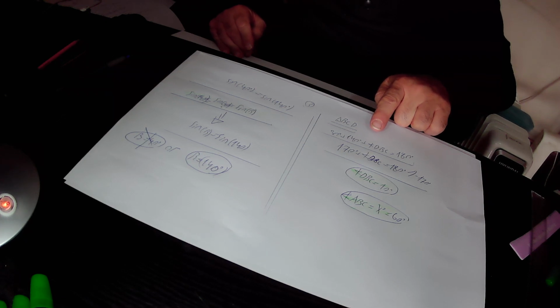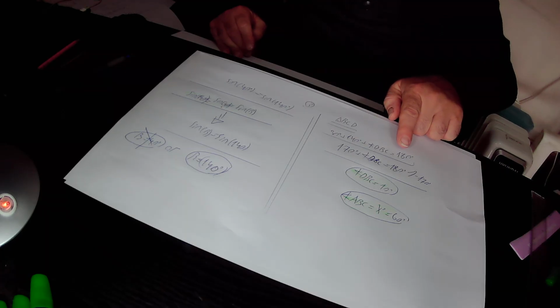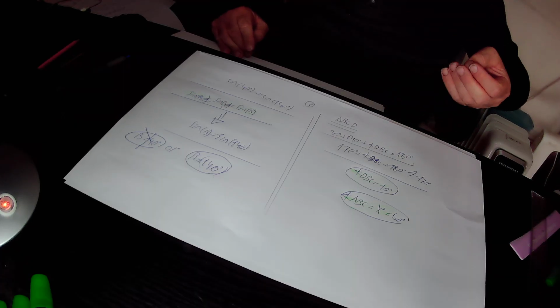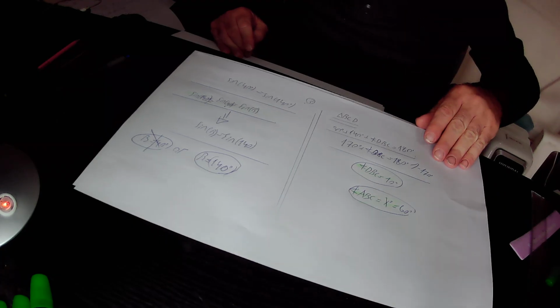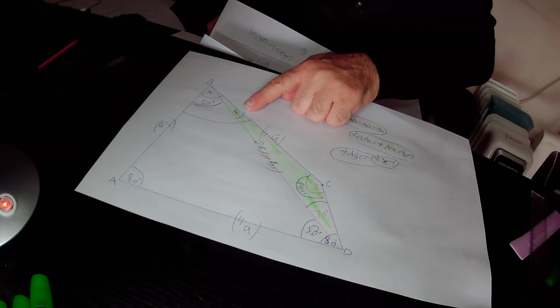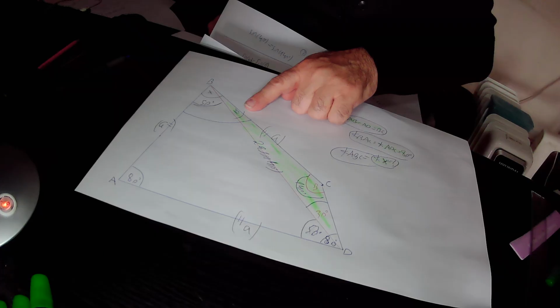So 170 degrees plus the missing angle DBC must be equal to 180 degrees. Here we subtract 170 degrees and find out that the missing angle DBC equals 180 degrees minus 170 degrees, which is 10 degrees. So this missing angle DBC is equal to 10 degrees in size.